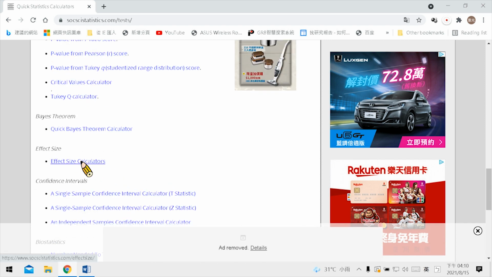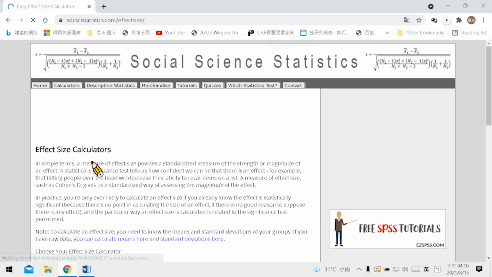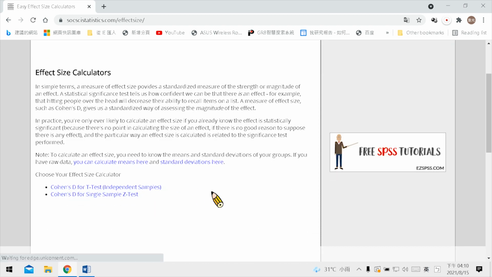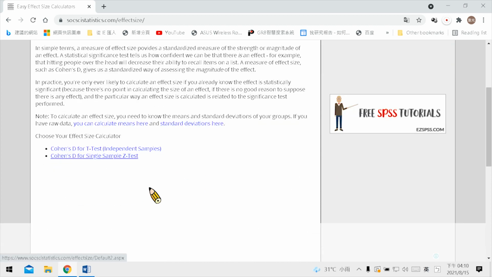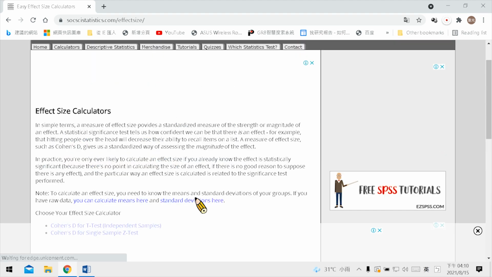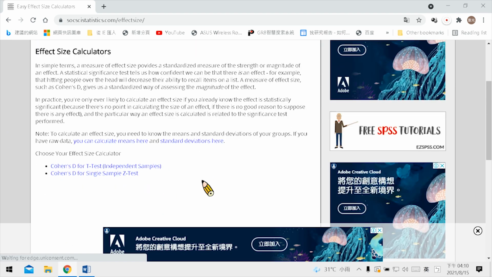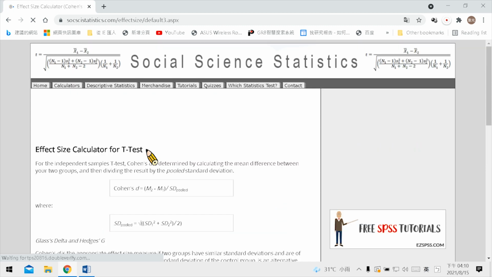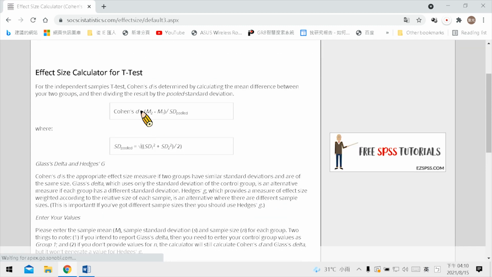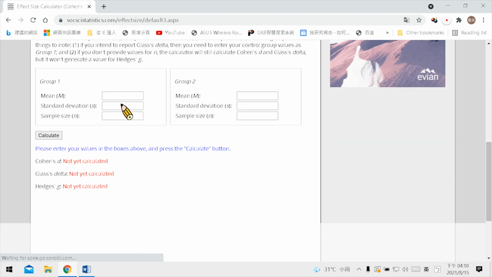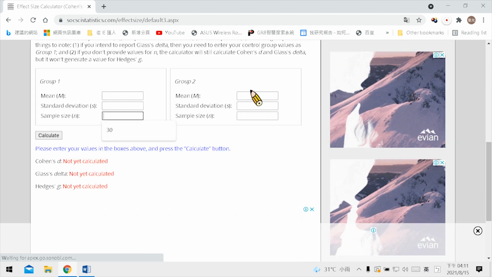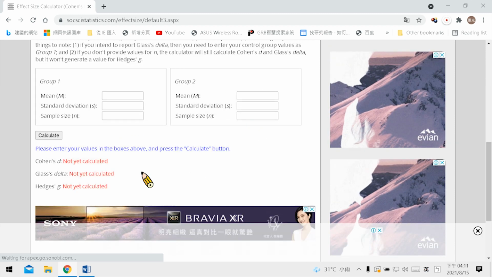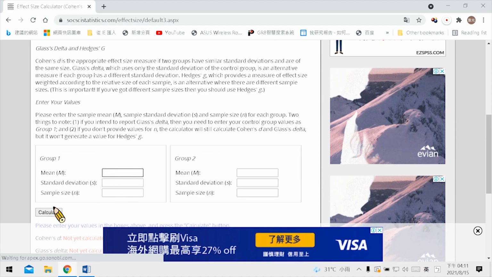Effect size, you can see, last week we talked about effect size, and for an independent sample like this one, we can put it in and find the effect size, okay. So you can see in here, and put in a number and calculate.